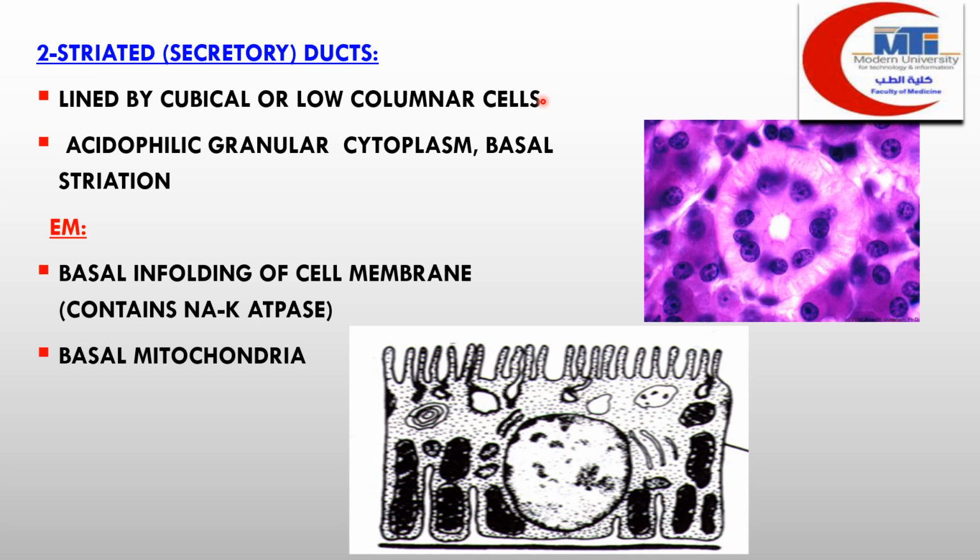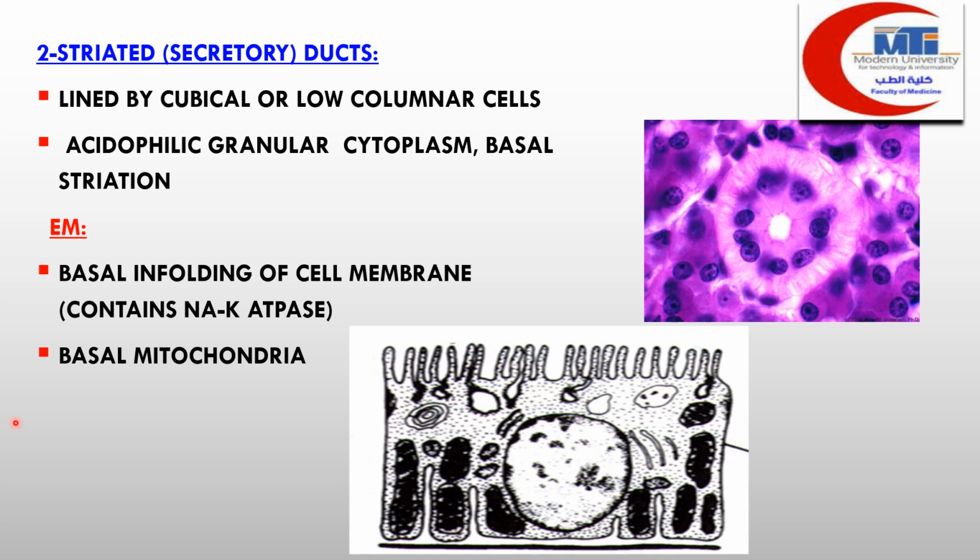While the structure of striated ducts or secretory ducts, as you see here in a light microscopic photo, the duct is lined by a single layer of cuboidal to columnar epithelial cells. They have acidophilic granular cytoplasm with basal striation and central rounded nuclei.